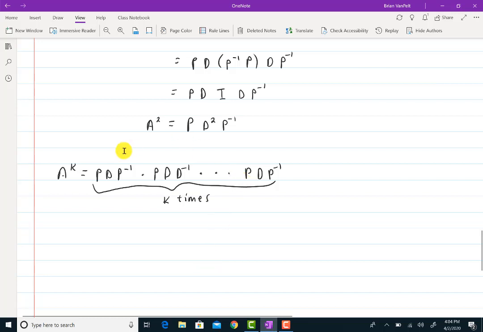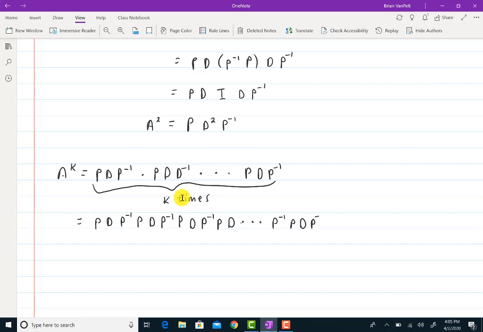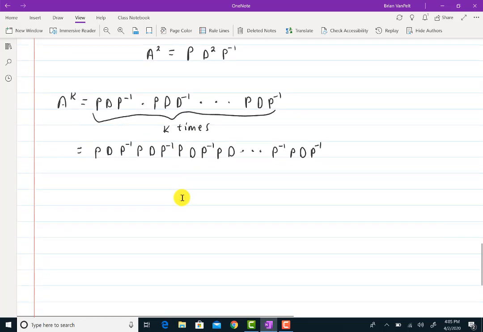But just like above, between any two products, I'm going to get something like this: P D P inverse P D P inverse P D, and this is just going to go on and on until I get to the last P inverse P D P inverse. All those P inverse P's will cancel each other out, and you'll simply be left with P D to the k P inverse. Try it with some higher powers like 3 and 4 and see if you're not convinced this is true.